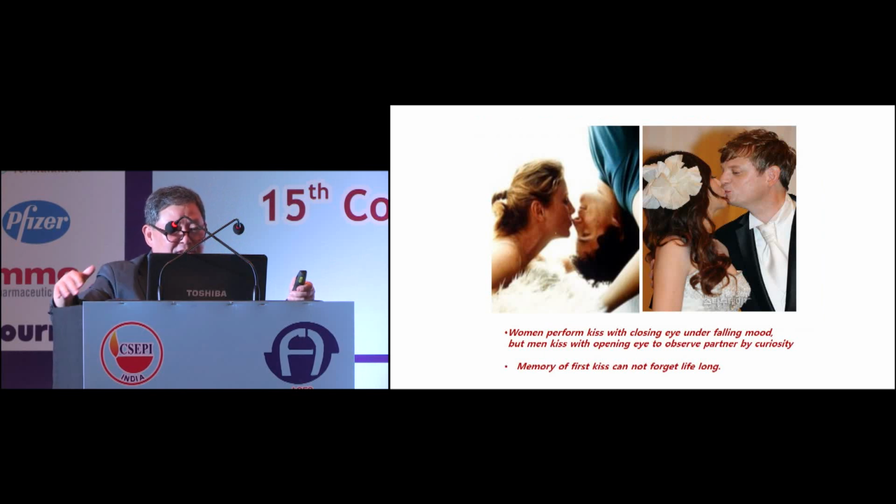Woman performs kiss with closed eyes under a falling mood, but man kisses with open eyes to observe the partner's attitude by curiosity. In general, a lot of couples memorize their first kiss during their life.